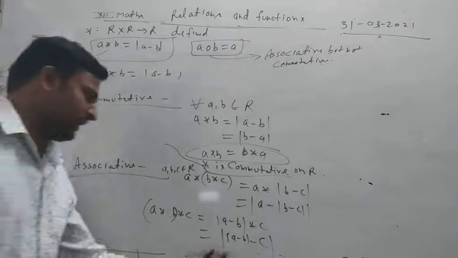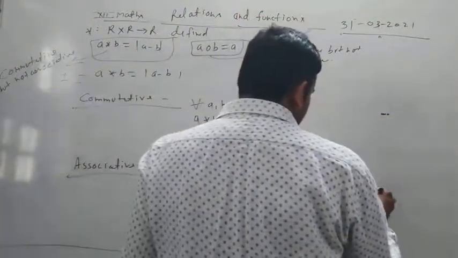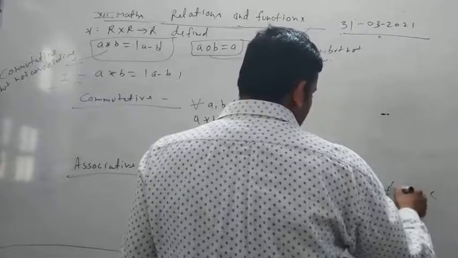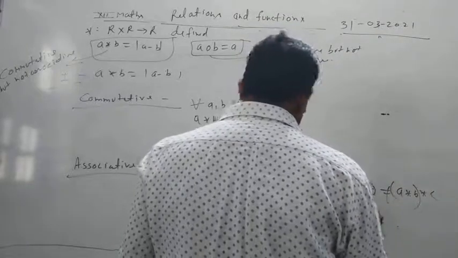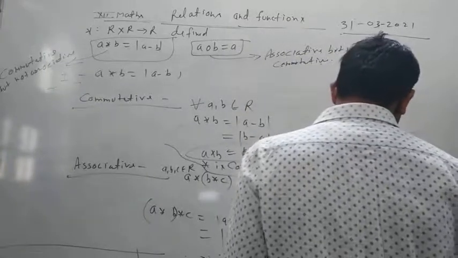So we are clearly seeing that a star (b star c) is not equal to (a star b) star c. So star is not associative.